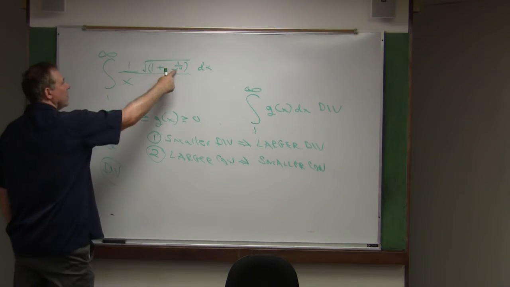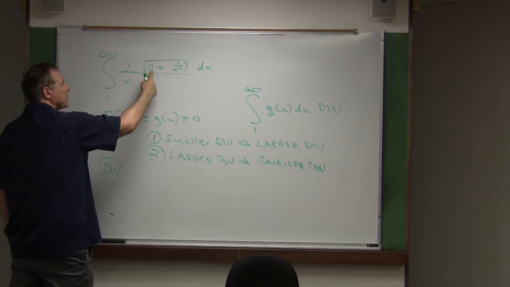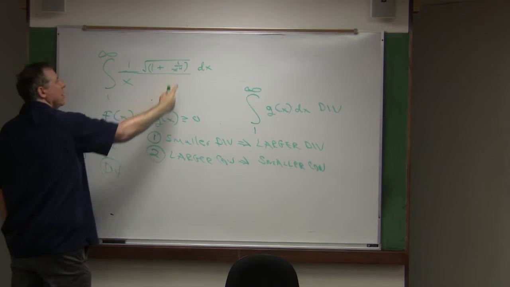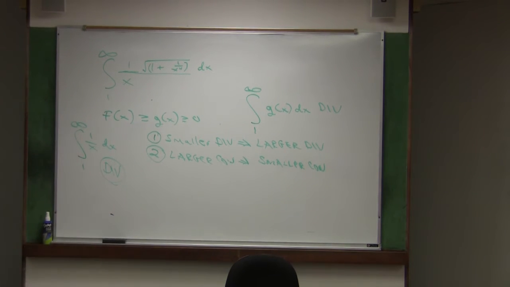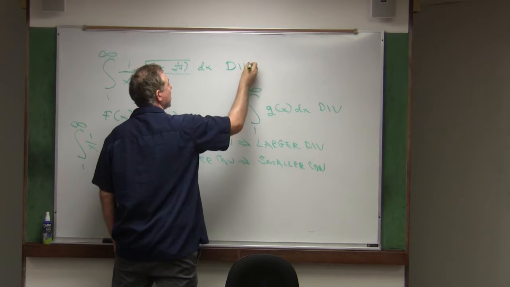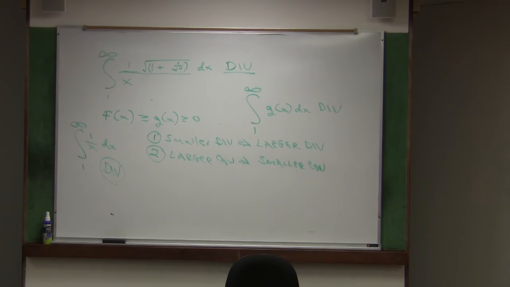When x is 1, this is going to be the square root of 2, but otherwise it's going to be the square root of 1 plus some tiny positive number, as x goes on its way from 1 to infinity. So this will diverge by the comparison test.